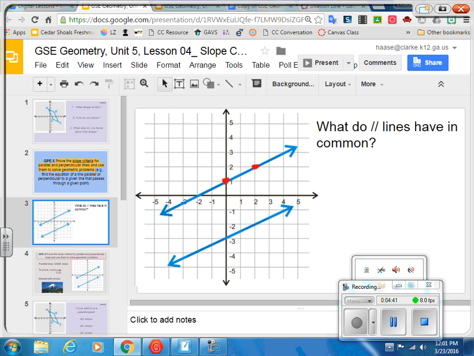Devontae, if I start at 1, how far up do I have to go to get to the next? Up 1 and then right 2. So what's my slope? We went up 1 and over 2, so my slope is 1/2.